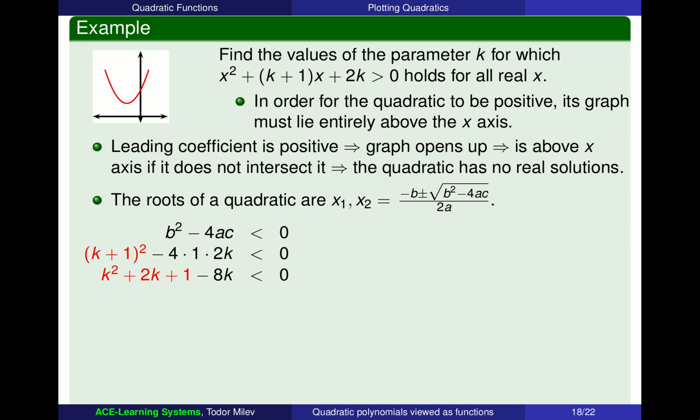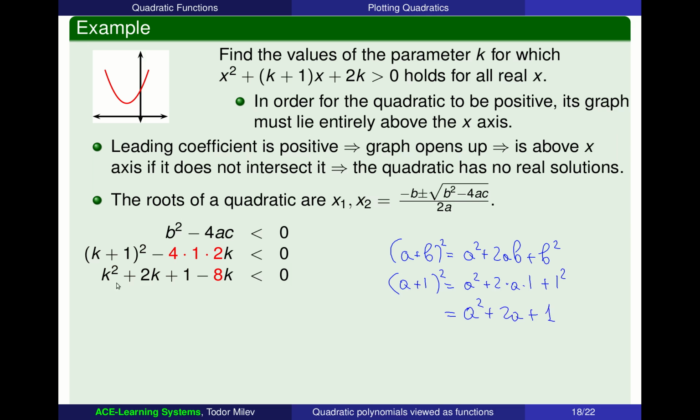And now (k plus 1) squared, that's the formula for squaring things, so I'm getting k squared plus 2k plus 1. Once again, what am I using? I'm using the fact that (a plus b) squared equals a squared plus 2ab plus b squared, which means that if I take (a plus 1) squared, I'm getting a squared plus 2 times a times 1 plus 1 squared, which happens to be a squared plus 2a plus 1.